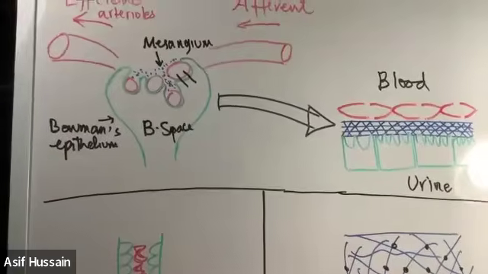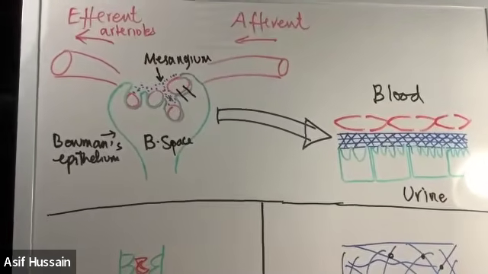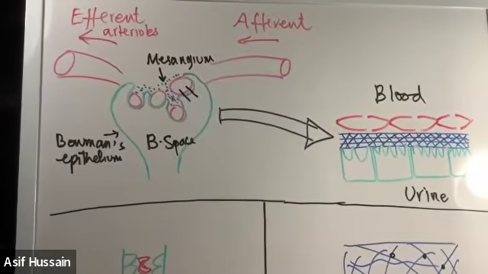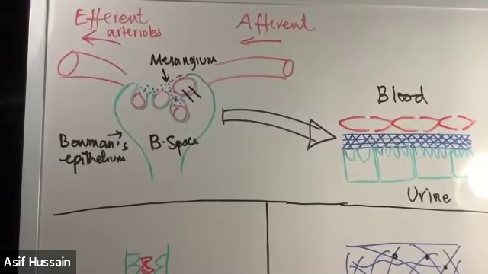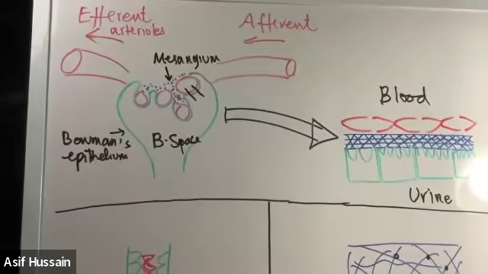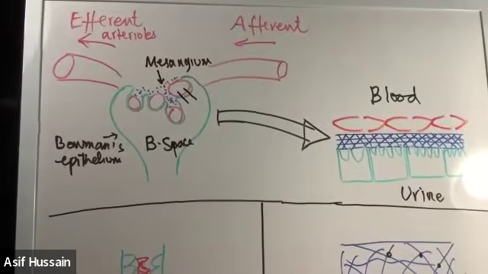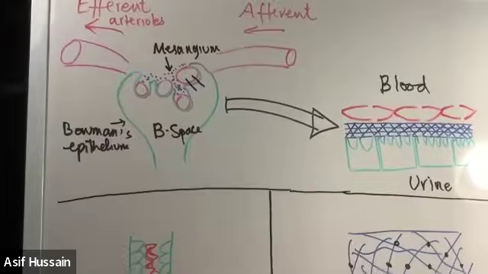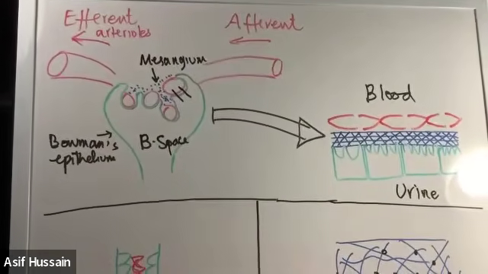And the main purpose of the glomerulus, because the glomerulus is a filter, is to filter the blood. Remember, the blood has blood cells, proteins, and plasma, except the proteins. The plasma component, excluding protein, has water, electrolytes, and waste products. So everything in the blood gets filtered except blood cells and plasma proteins.